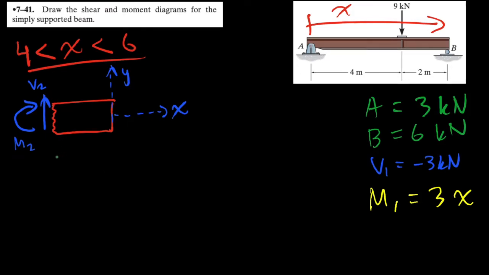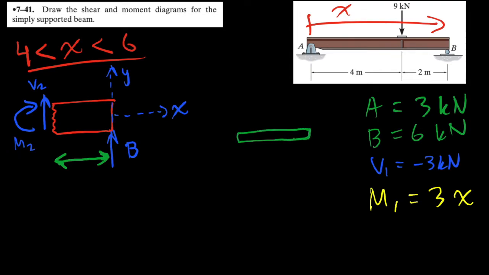Now let's define our distance. One important thing I forgot to add: there's a force here, this is force B. Now let's define this distance. Let's look at the overall diagram really quick.